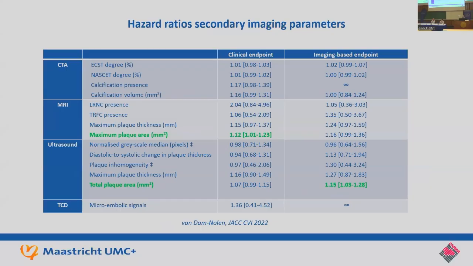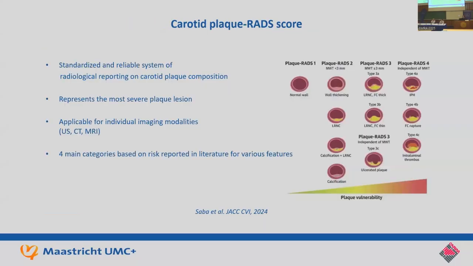We also explored a large number of secondary imaging parameters and blood markers, but from all these secondary parameters, only maximum plaque area on MRI and total plaque volume on ultrasound were associated with the clinical endpoint, ipsilateral TIA or stroke during clinical follow-up, or the imaging-based endpoint, which was a new infarct on neuro-MRI.